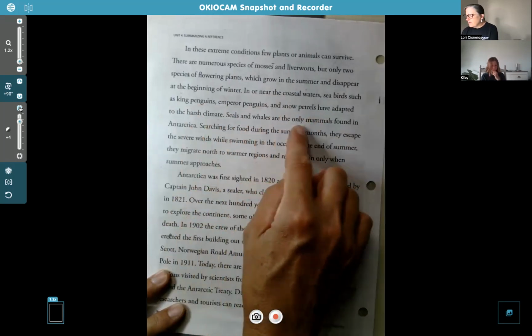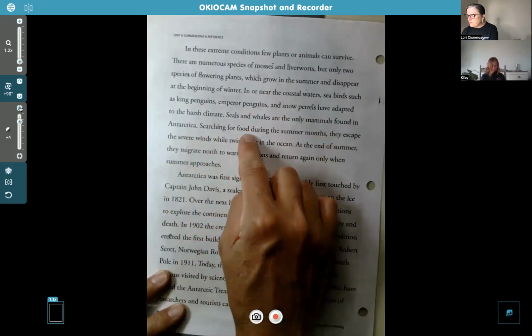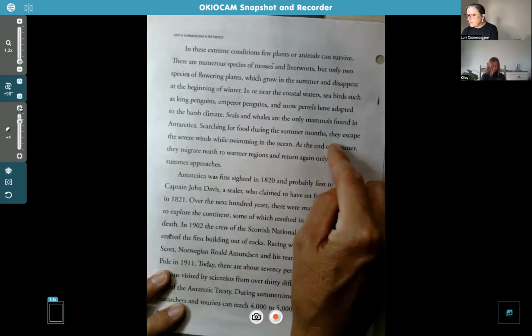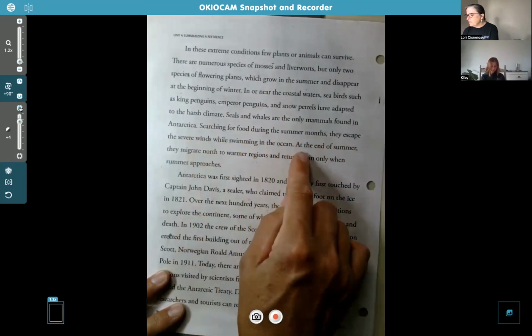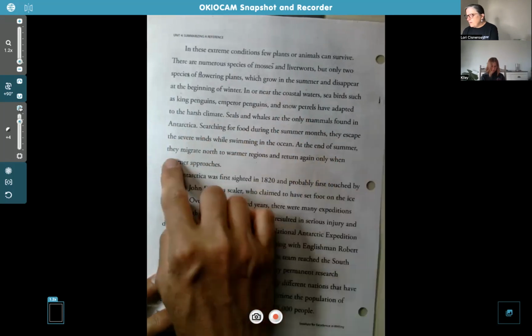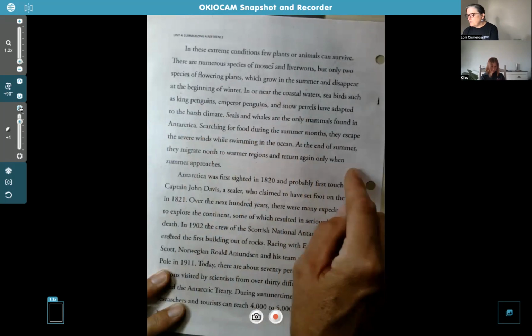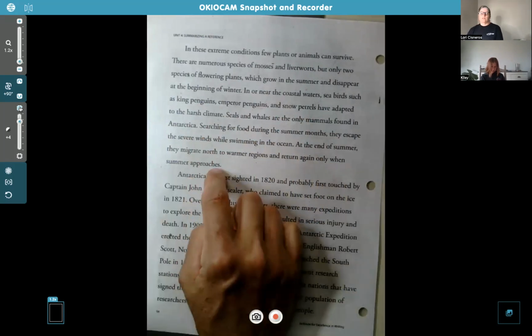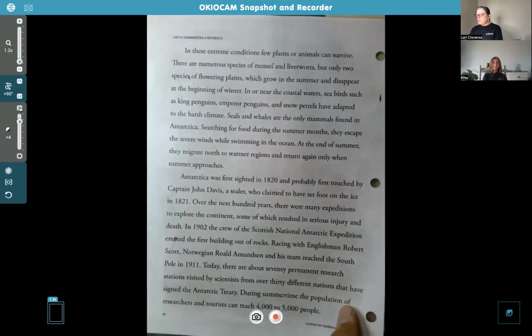Seals and whales are the only mammals found in Antarctica. Searching for food during the summer months, they escape the severe winds while swimming in the ocean. At the end of the summer, they migrate north to warmer regions and return again only when summer approaches. So they leave in the winter.